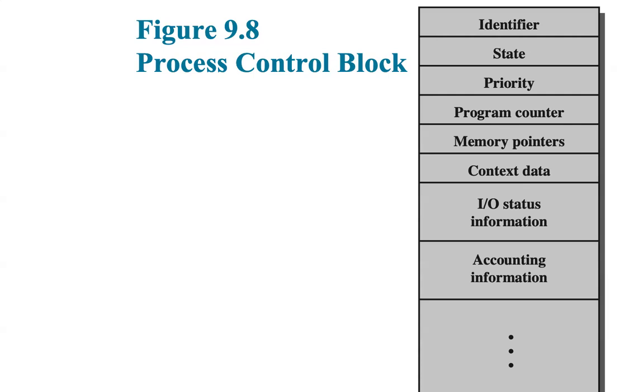So we have the identifier, the state, the priority, the program counter, memory pointers, context data, I/O status information, accounting information, and stuff that could go beyond these basic things, all wrapped together into this data structure of information that's trying to capture what's going on for a process.